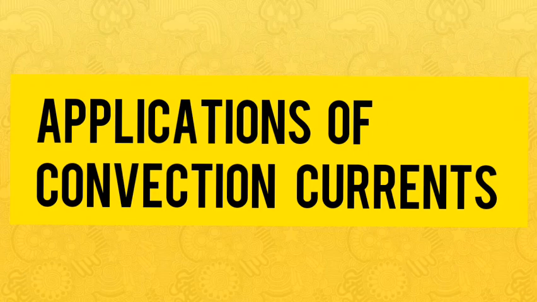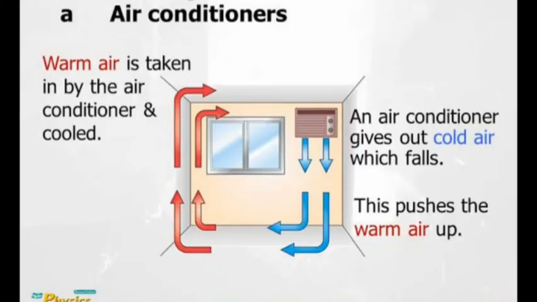Applications of convection currents in our everyday life. There are many examples where convection plays an important role. Knowingly or unknowingly, we are unable to understand it, but convection is very important in the formation of weather too. One more example: air conditioners are always placed at the top of the wall. The reason is that an air conditioner gives out cold air.